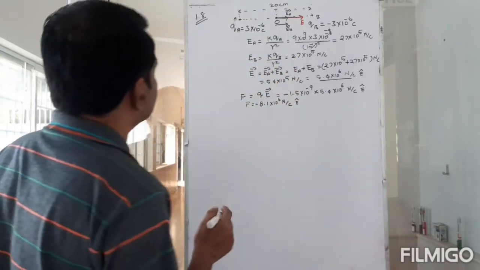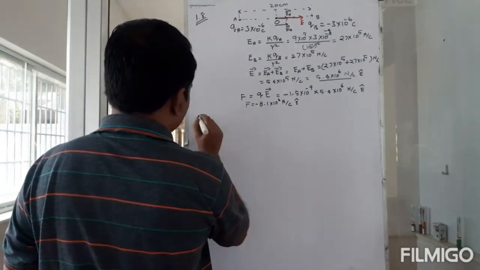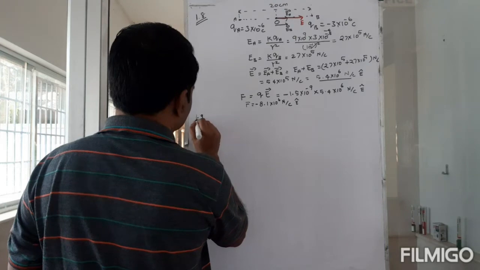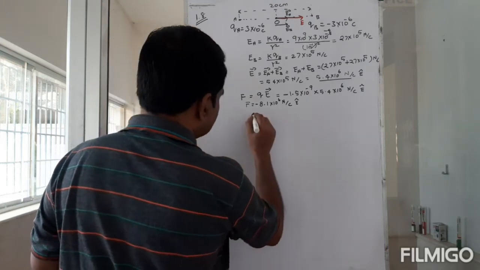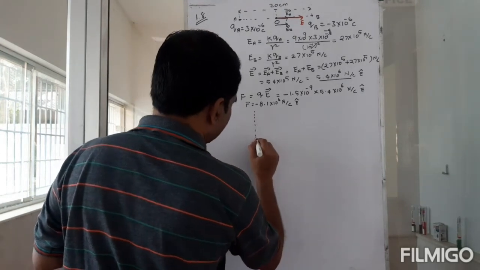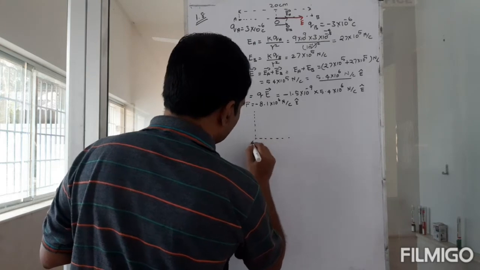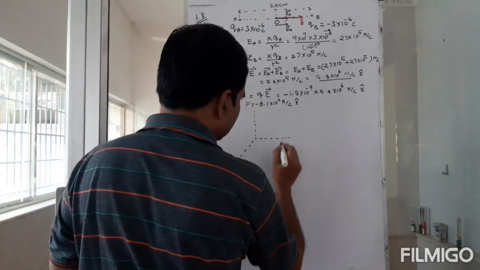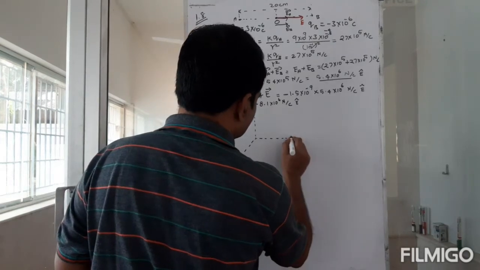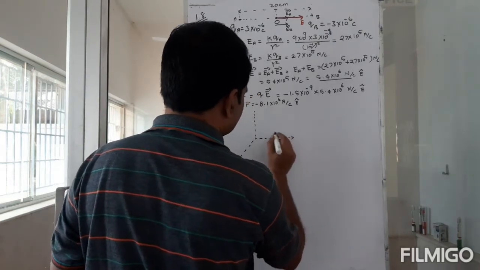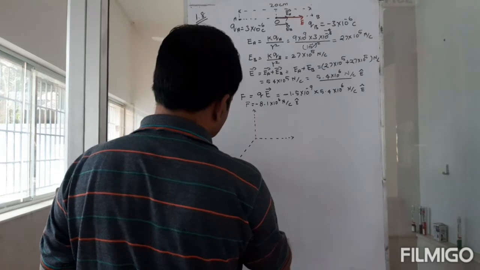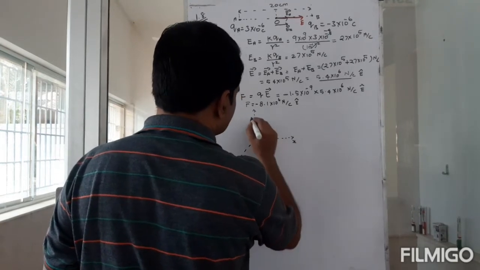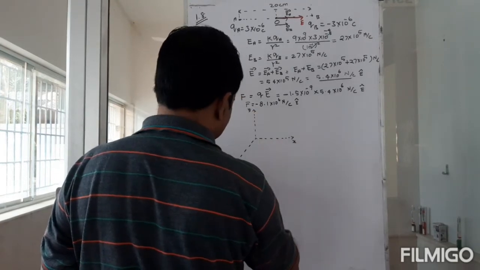Okay, and that's easy. Let me go for a 3-dimensional space. This is x, this is y, and this is z.